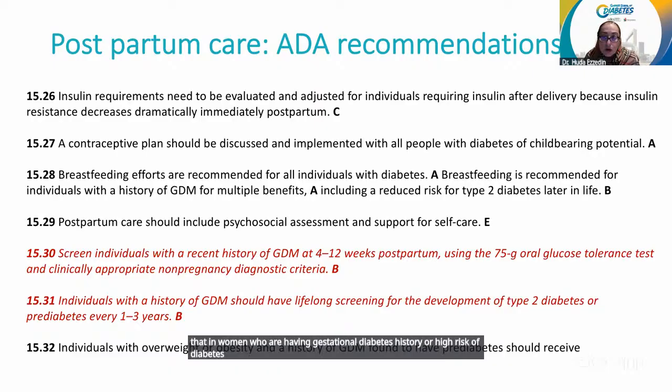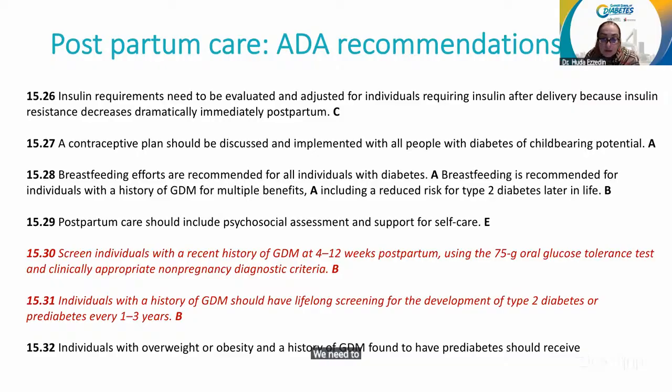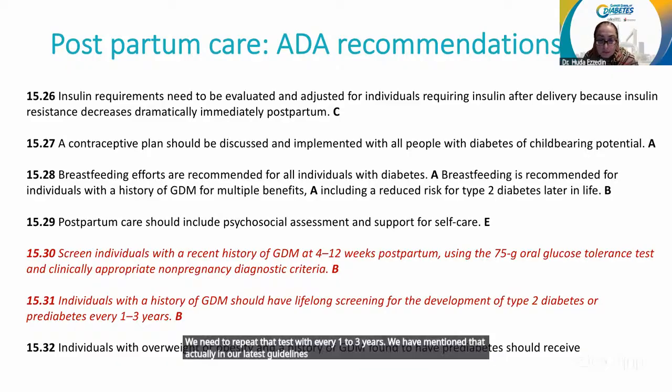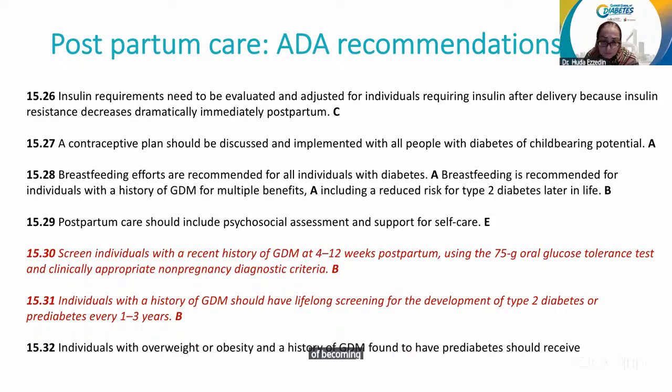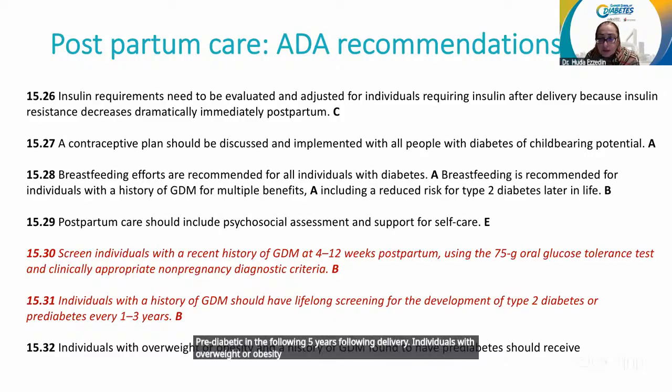We need to repeat that test every 1 to 3 years. We have mentioned that in our latest guidelines, as patients with a history of gestational diabetes are at high risk of becoming pre-diabetic or diabetic in the 5 years following delivery. Individuals with overweight or obesity or found to be pre-diabetic should receive guidance on weight management.